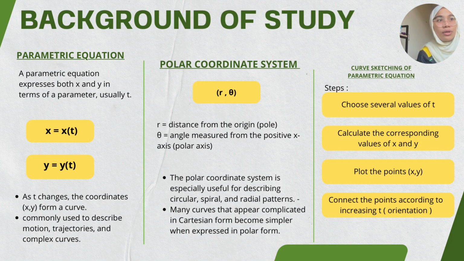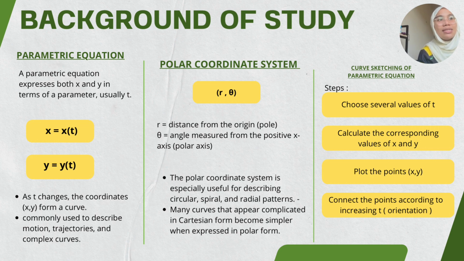For the polar coordinate system, we have r and theta. The polar coordinate system is especially useful for describing circular, spiral, and radial patterns. Many curves that appear complicated in Cartesian become simpler when expressed in polar form.